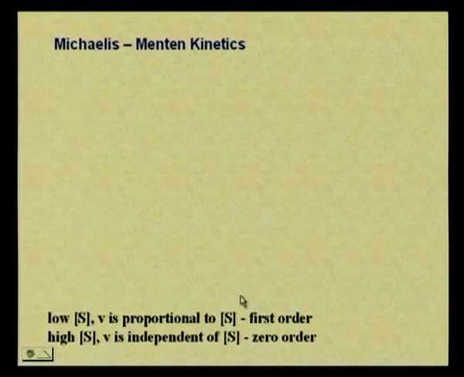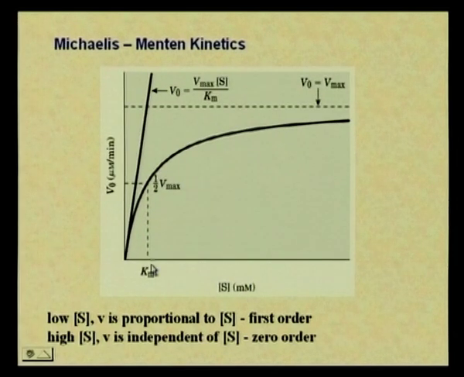Now, from the overall expression that we have, we can get what is called a rectangular hyperbola that is going to plot the V0. Why we call this the V0, I will tell you in a moment. So, we are plotting velocity versus substrate concentration.